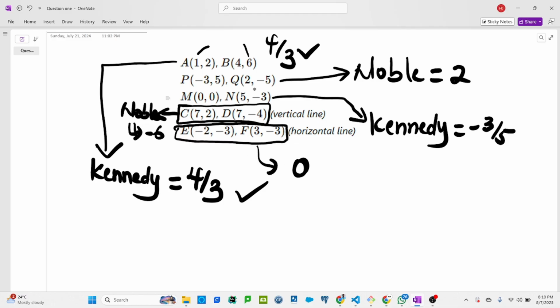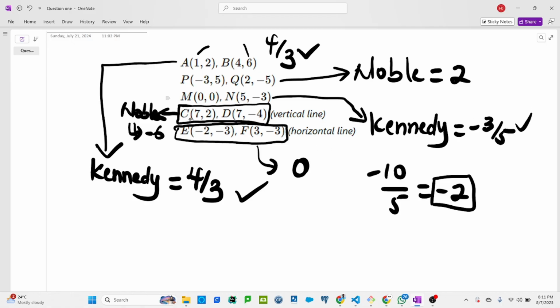Nobo's first one: this minus this will be -10, all over this minus this, 2 minus... that will be 5. So the answer will be -2 instead, sorry. Now, Kennedy said -3/5. Yes, Kennedy, this one is correct.